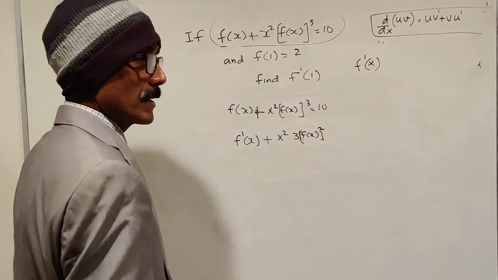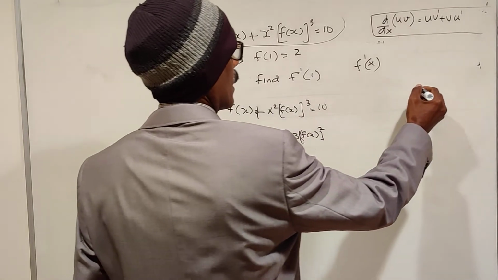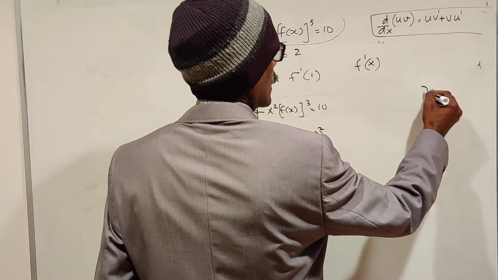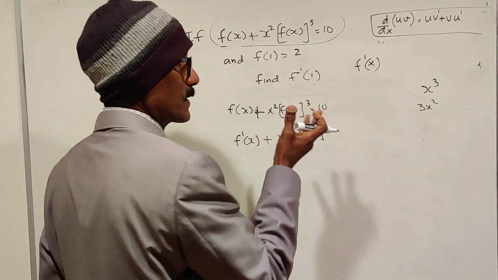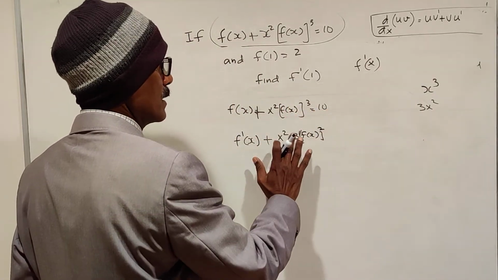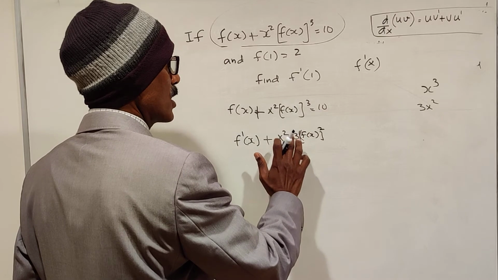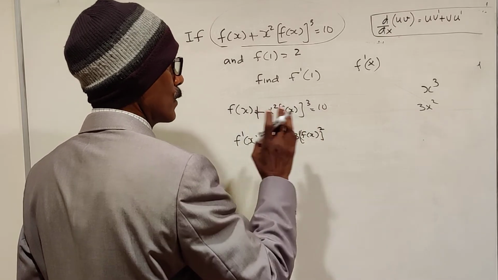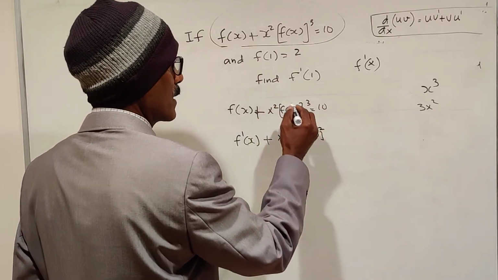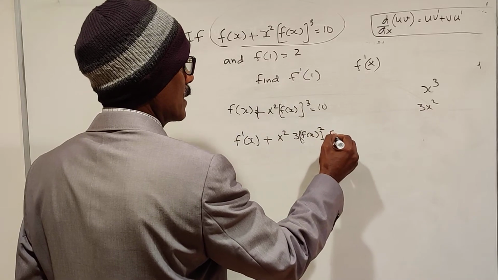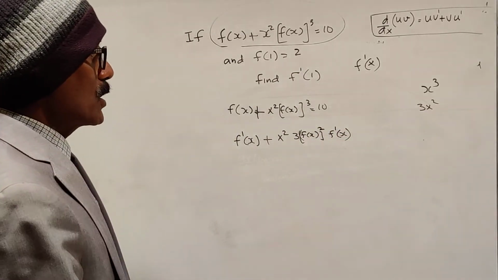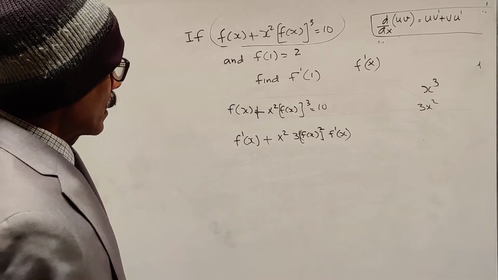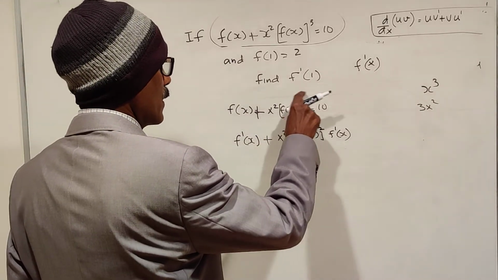See, it's like x cube, what is the derivative of x cube? 3x square. The same thing. We don't know what f(x) is, just keep f(x) like that. 3 into f(x) the whole raised to 2. Then apply the chain rule. What is the derivative of f(x)? f dash x. So x square into the derivative of this.